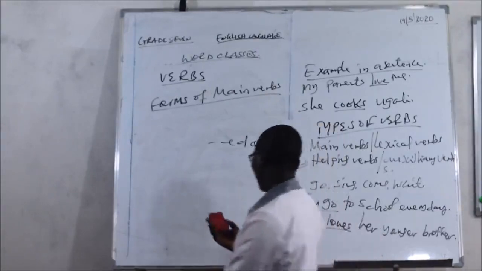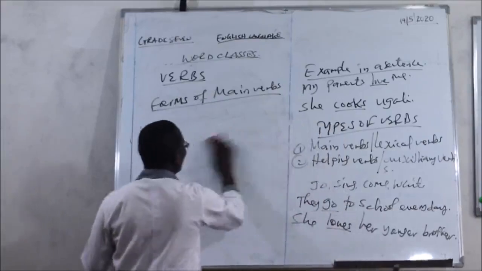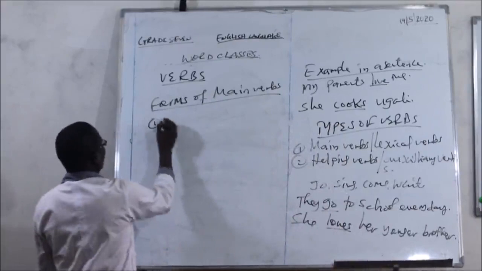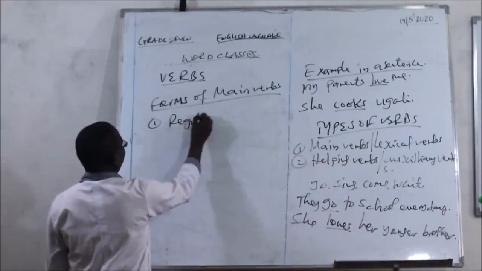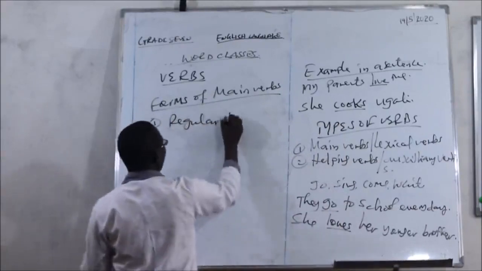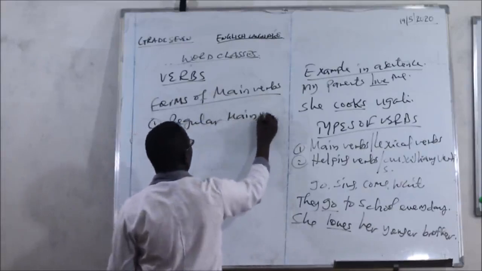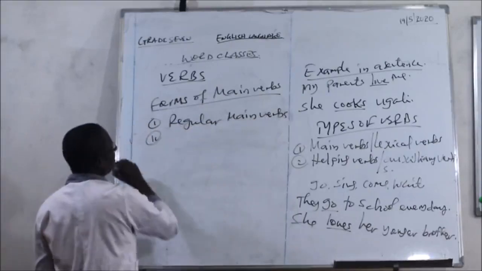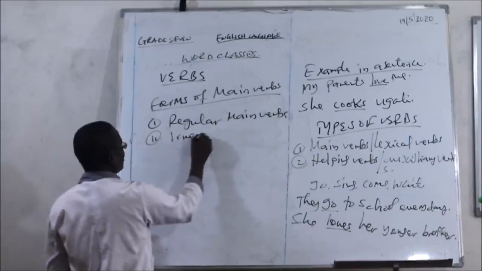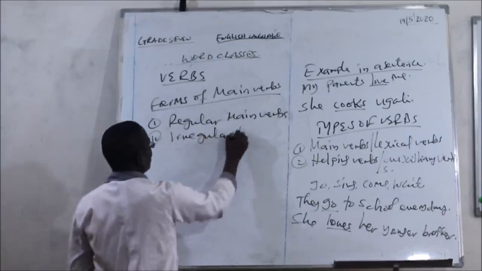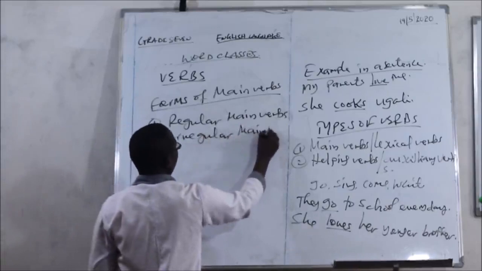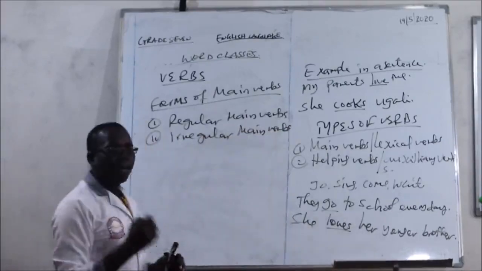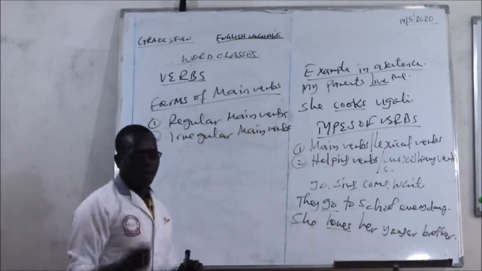Let us write these two forms of main verb. Number one, regular main verbs, and irregular main verbs.